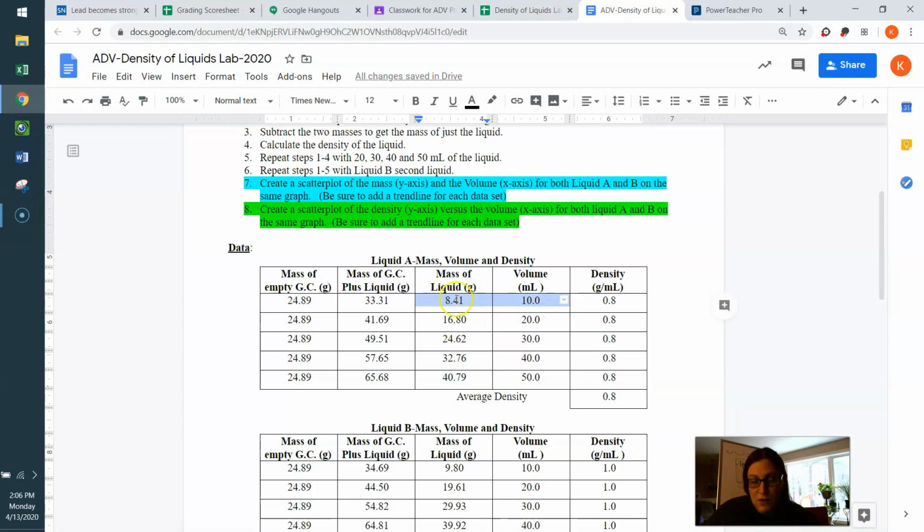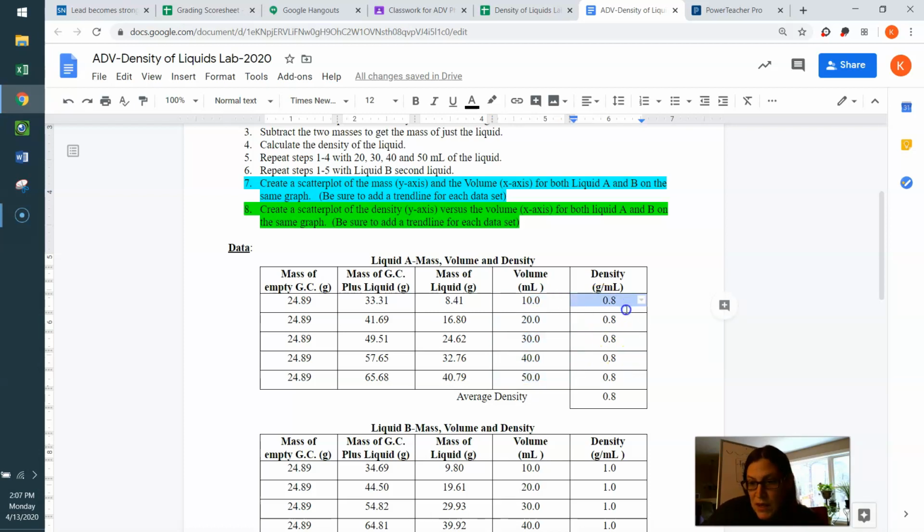Okay, so in this first example, I had 8.41 grams and a volume of 10.0 milliliters. If you did the math, you would have come up with 0.841 grams per milliliter.